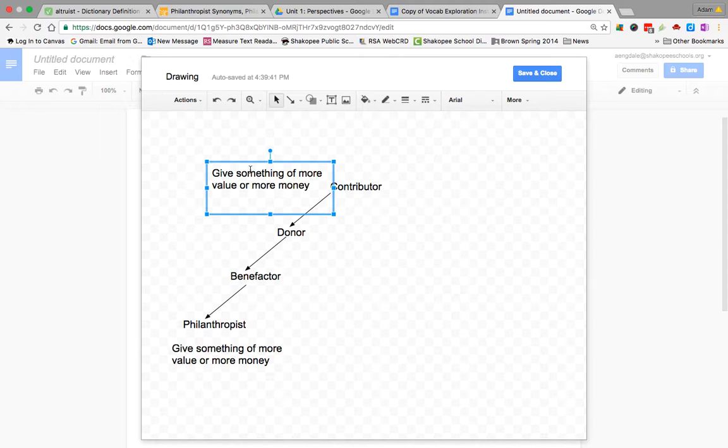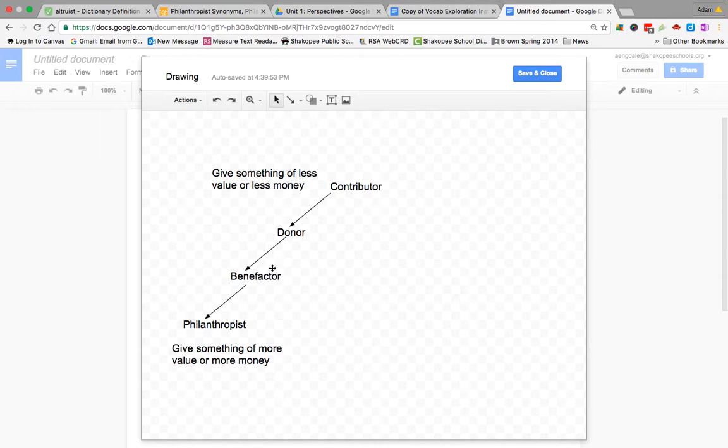And then maybe this is they give something of less value or less money. So what I'm saying here is a contributor can give less money and be considered a contributor. A philanthropist, you have to give a lot more to get there. I think that will work for me.